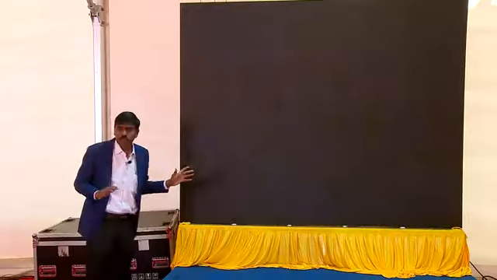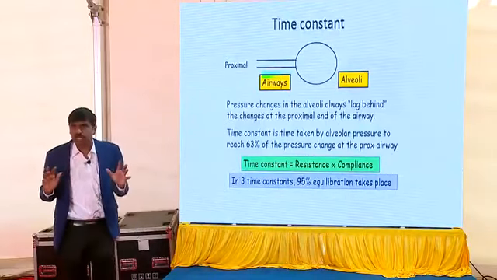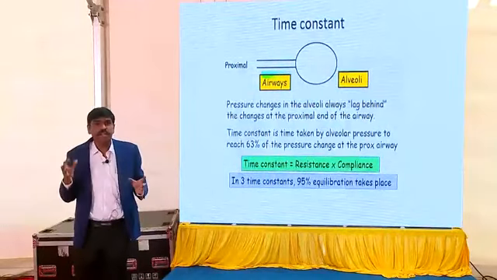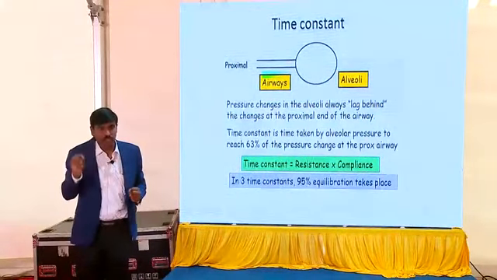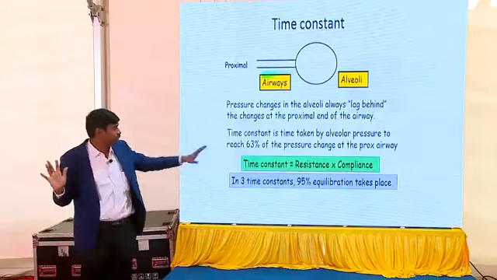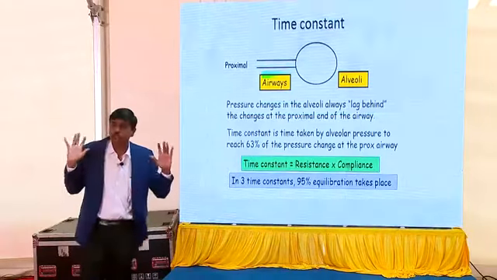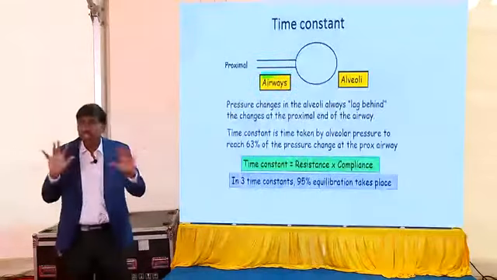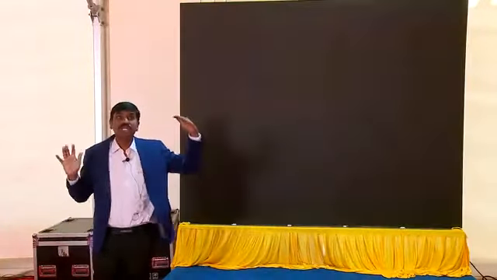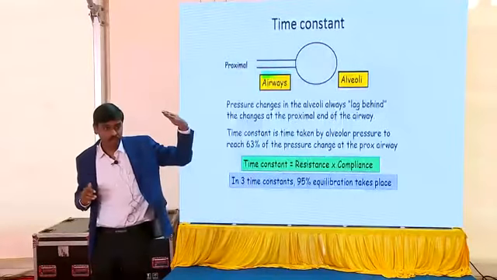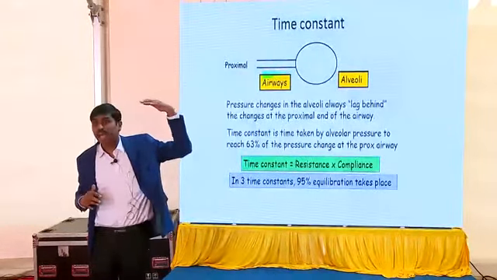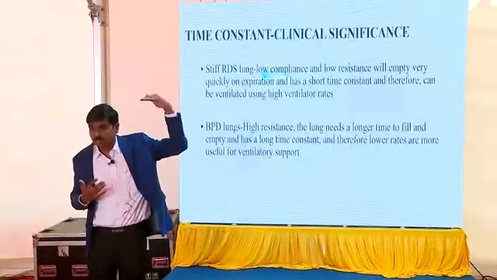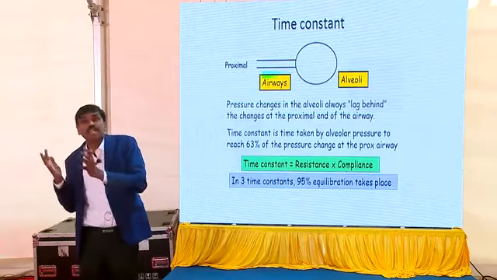Next, coming to the concept of time constant. All these are little complicated jargons, but ultimately what you take home will tell you what you're going to do. The formula for time constant is resistance times compliance, and there are a lot of definitions about that, but in simple terms, time constant is the time needed for the gas to go from the atmospheric pressure to equalize with the alveolar pressure.